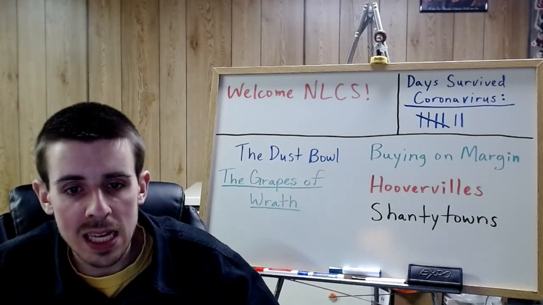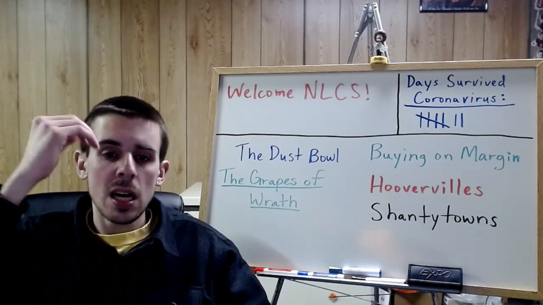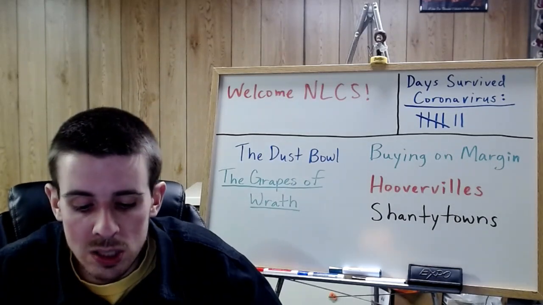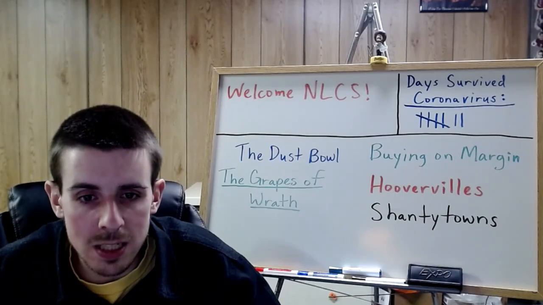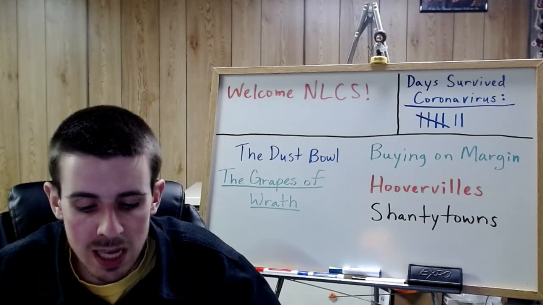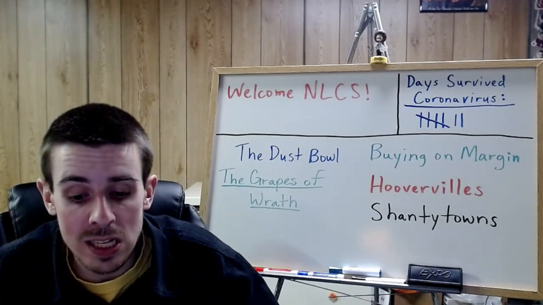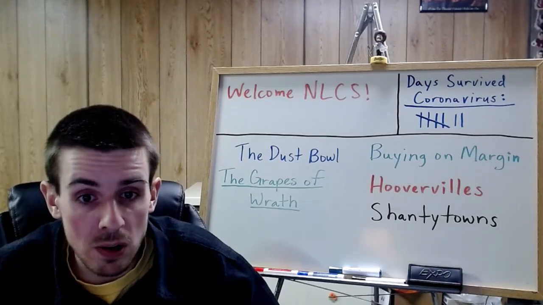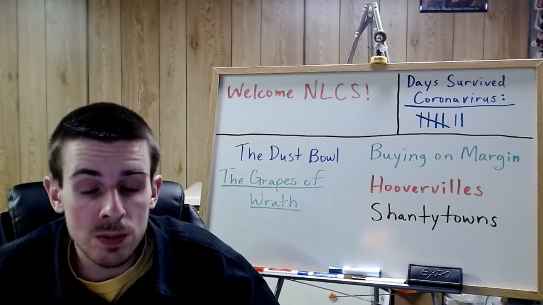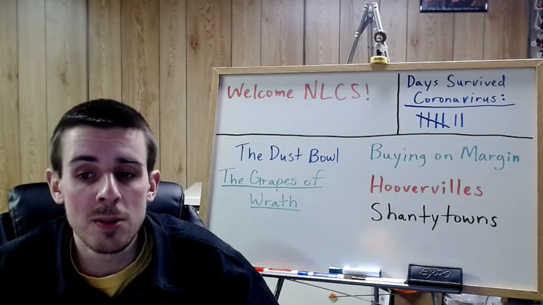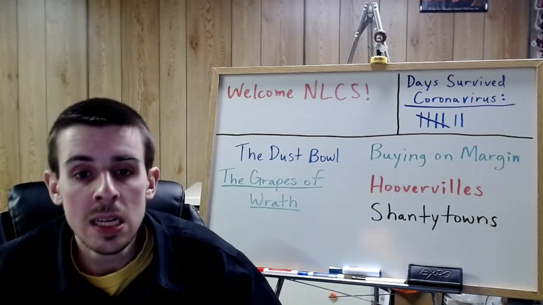What ends up happening is crop prices drop drastically during this depression as the stock market crashes and the banks are failing and all this stuff is happening. Farmers can't afford their debts, obviously. They could barely afford them beforehand, and they can't afford them now, no doubt. So there's some issues here. Farmers end up getting kicked off their farms, can't afford to keep farming.